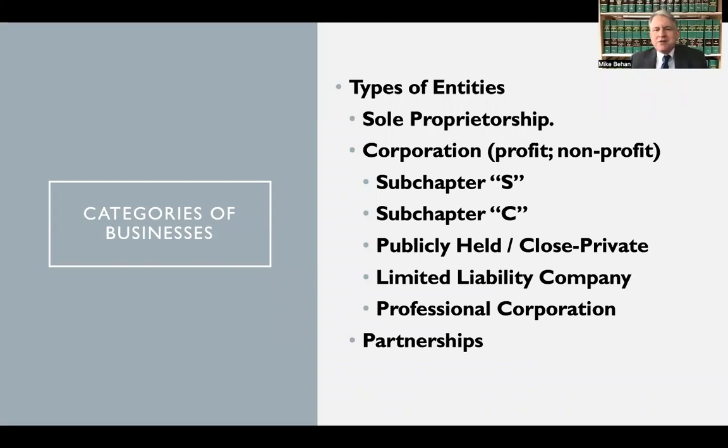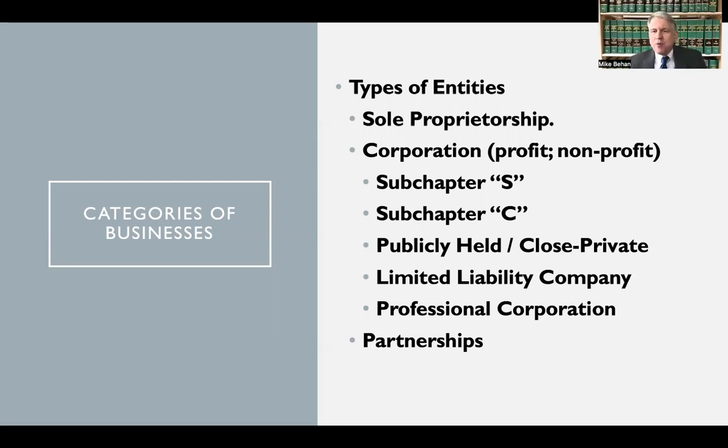Within the concept of corporations, we have the classifications of a profit objective or a nonprofit corporation. Within the profit corporations, we have the subcategorizations of S corporation and C corporation. The S corporation is the more closely privately held entity where we limit the number of shares of ownership to 100 individuals, including a married couple and or their trusts.